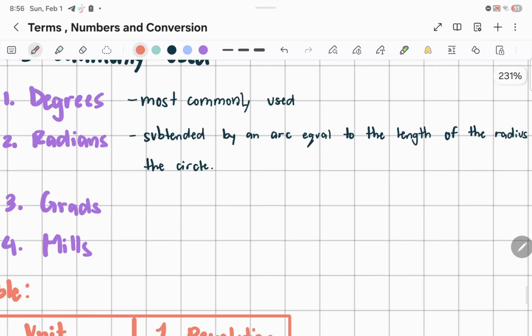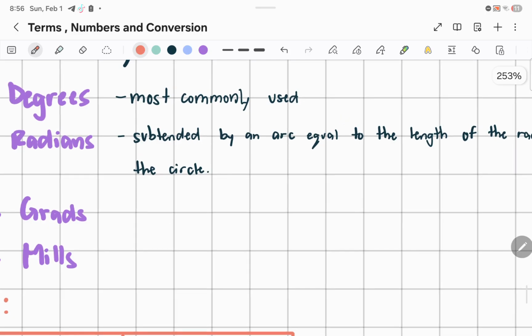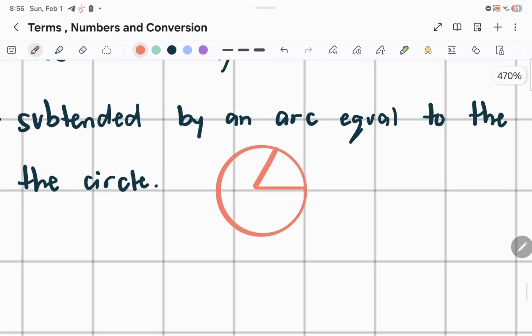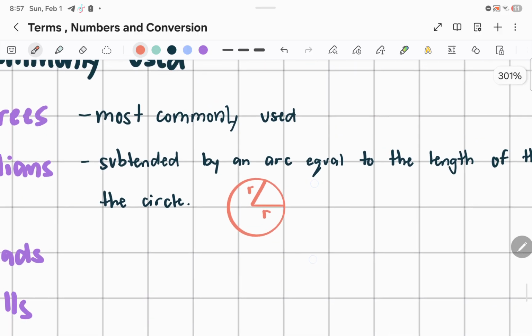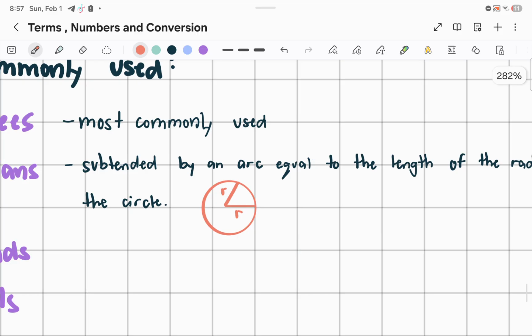If we draw a radian, for example, this is your circle, and then you have this radius. Then this one is equal to the length of the arc as well.